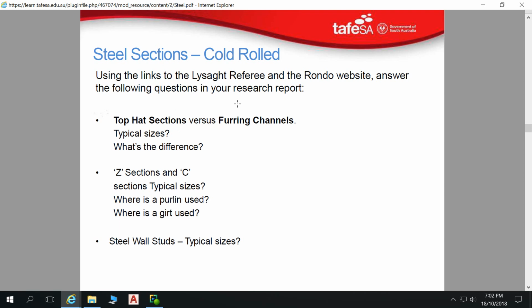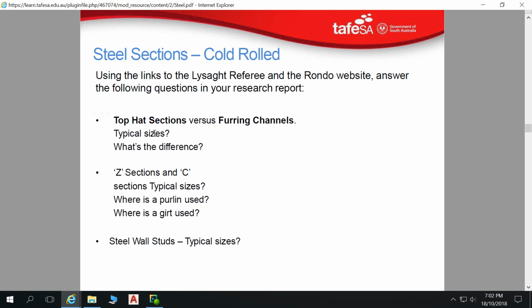Light gauge steel framing is made, as I said before, from coil steel that's cut into sections and then folded into various different shapes for various different properties. So we've got top hat sections and furring channels. The difference between a top hat and a furring channel is furring channels are used for battening out where we've got an existing wall already.